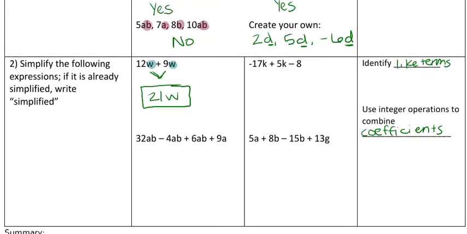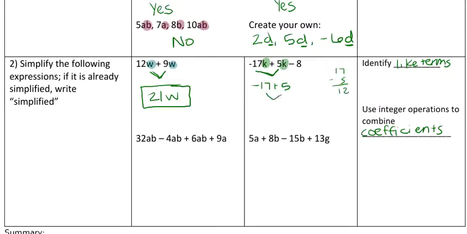Okay, and the next one, I have a k here and a k here. Those are the variables. No k on the 8. So the only two things to combine are these first two. What I'm thinking is, what is negative 17 plus 5? Well, they're different signs, so we're actually going to subtract. So 17 minus 5. 7 minus 5 is 2, carry the 1.